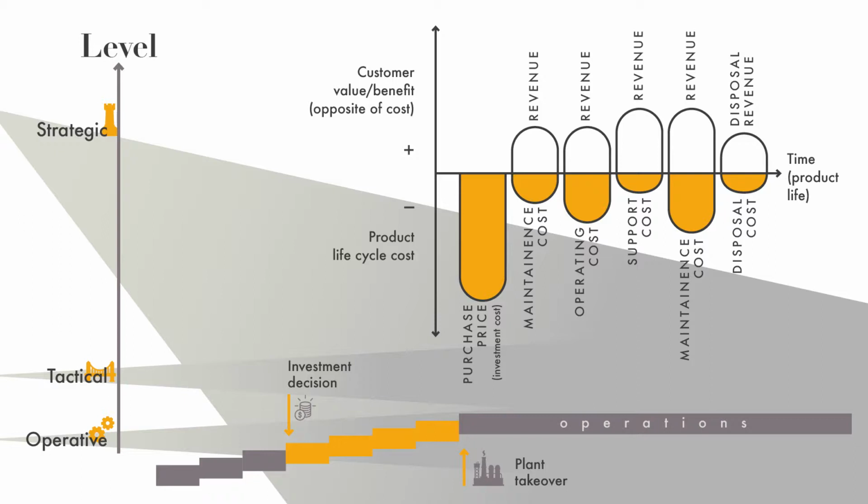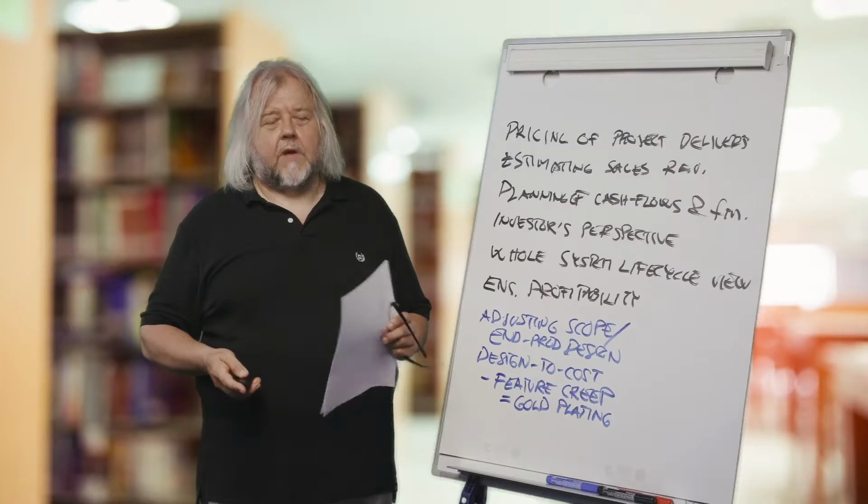In this picture, we take a customer's view over the whole life cycle of the system, which the project is only part of. And this reminds us of an investment calculation where the revenues are accumulated in the long operations phase of the project. And of course, there are also maintenance costs and operations costs over the life cycle, and not only the investment to a project.